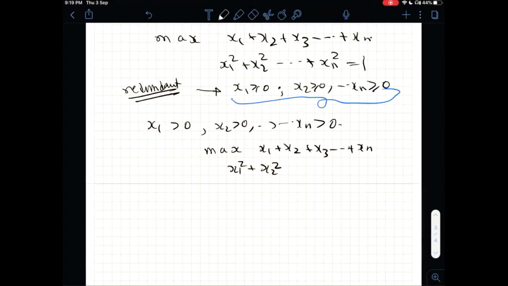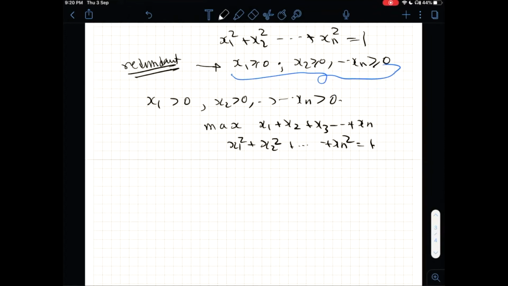maximize modulus of x1 square plus x2 square up to xn square is equal to 1. See, suppose you are in 2 dimensions, and both x1 and x2 are greater than 0. Suppose your hunch is that the optimal is going to be somewhere here.